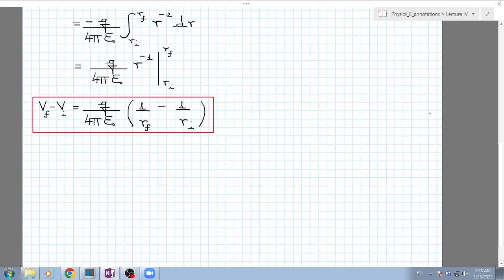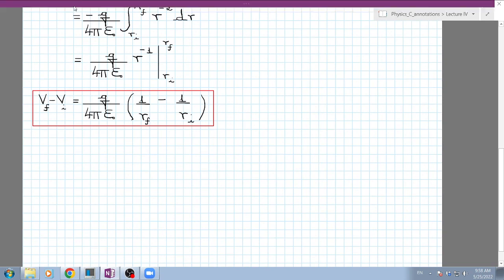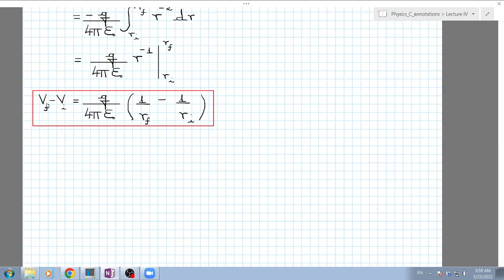We are going to take the limit. The first thing that happens is that the potential at infinity is going to be zero, right? If you go really far away from the charge, the potential is going to be zero.